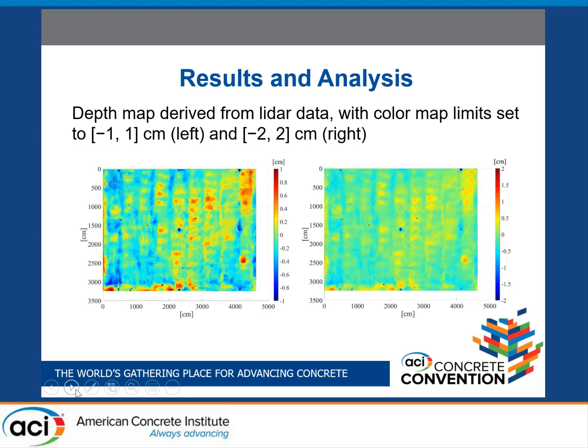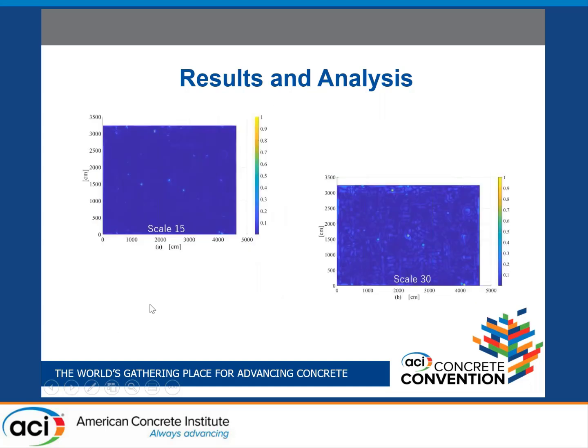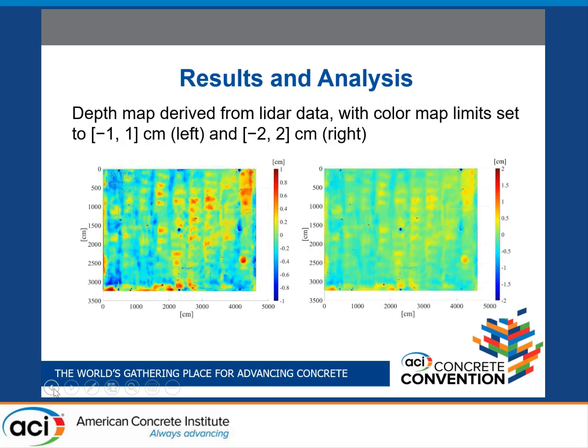After we removed the points we weren't interested in, we only had the points for the concrete slab, and then we converted that into a depth map with 1 centimeter intervals in both horizontal and vertical directions. For each of those, we calculated the z coordinates at each grid point. This figure shows the result.